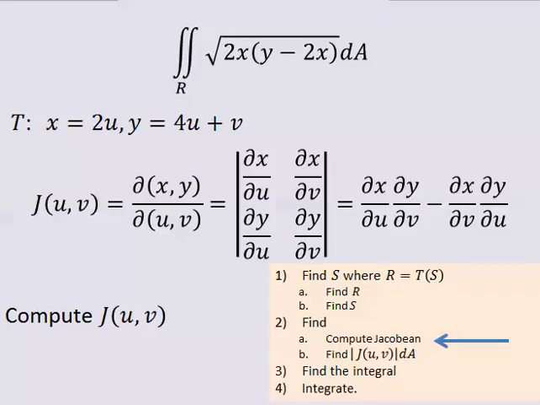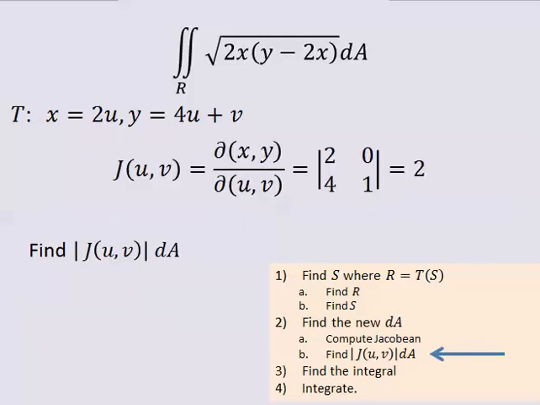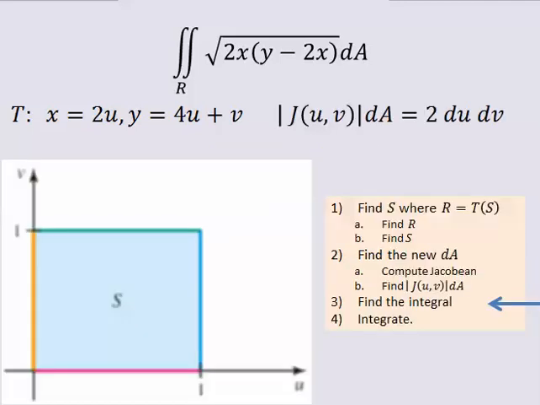Next, we want to find the Jacobian. And so we find all our partials and find the matrix and the determinant. And now find the new integral.